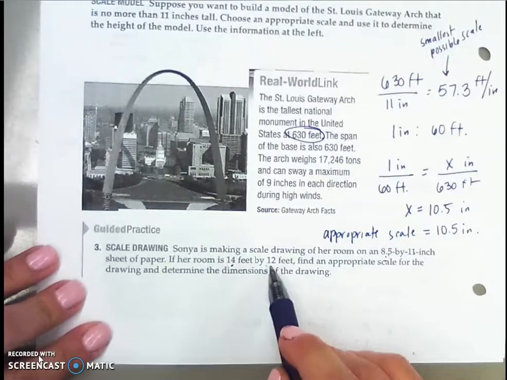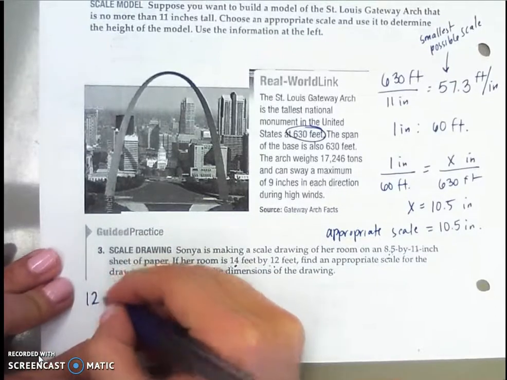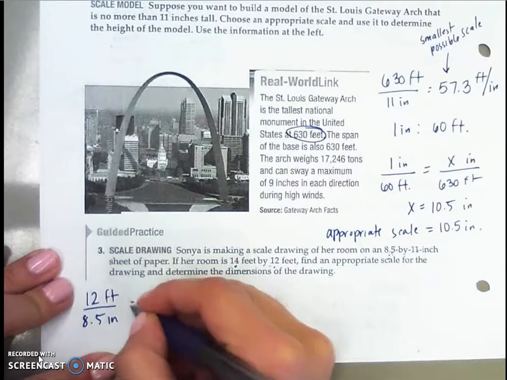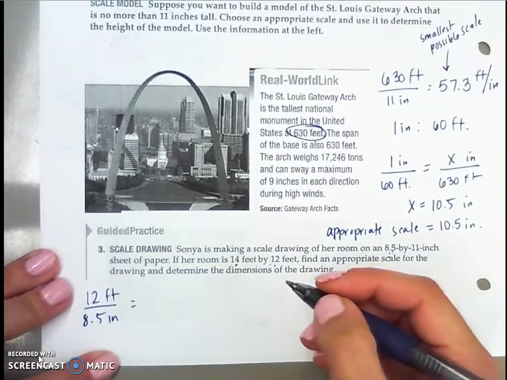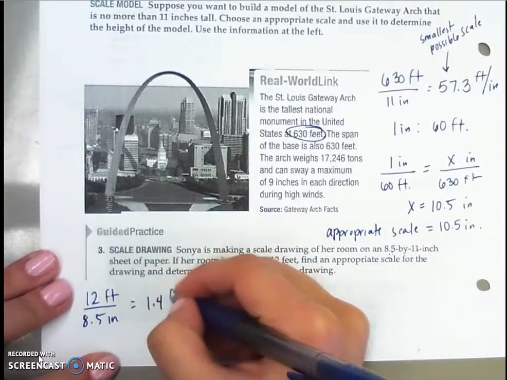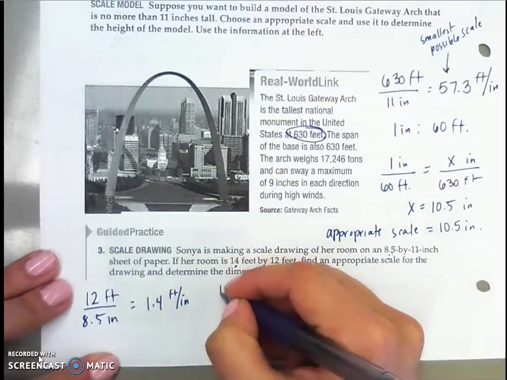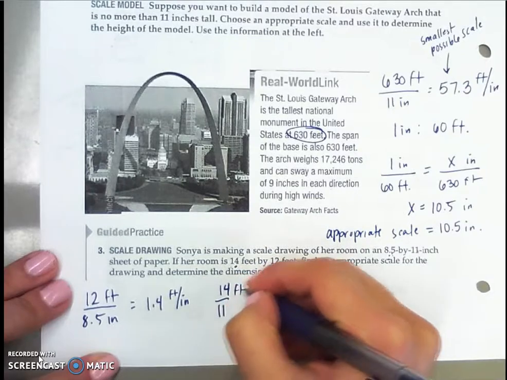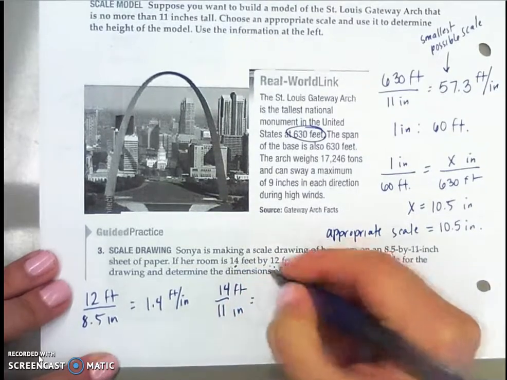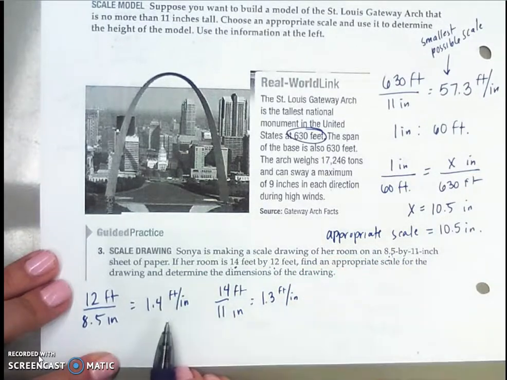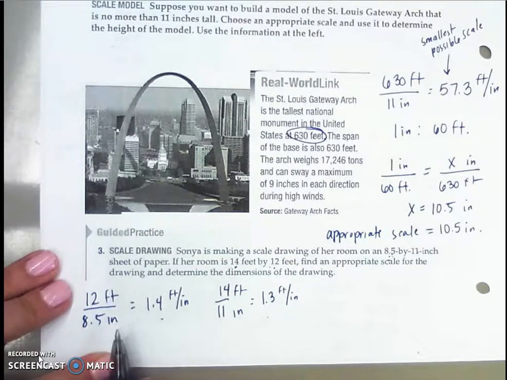So 8.5 corresponds with 12. And that gives us 1.4 feet per inch. But then 14 divided by 11 gives us 1.3 feet per inch. So they're not the same, but remember, these are the smallest numbers. Since 1.3 is smaller than 1.4, we're going to have to go a little bit bigger.